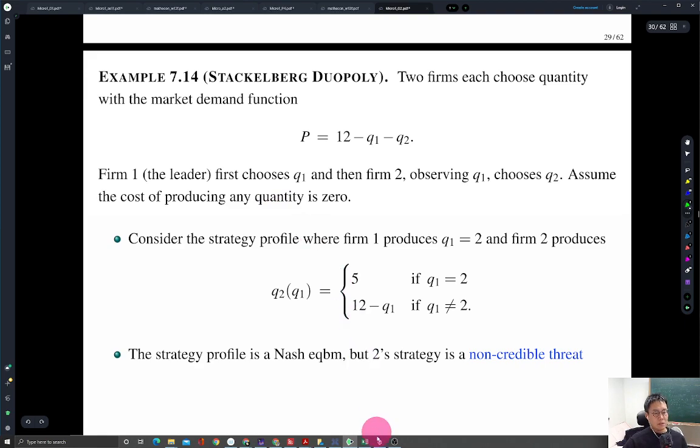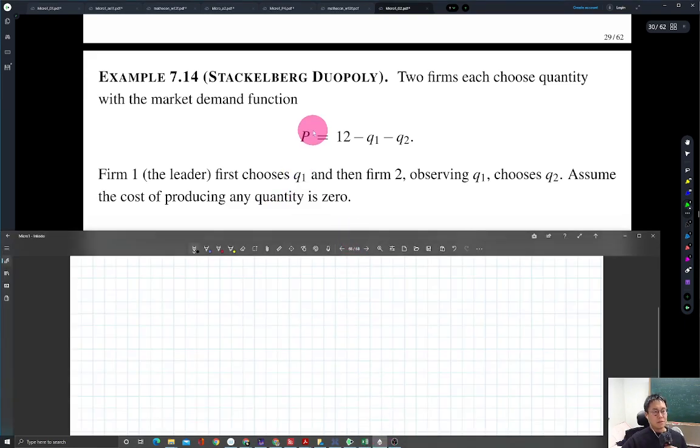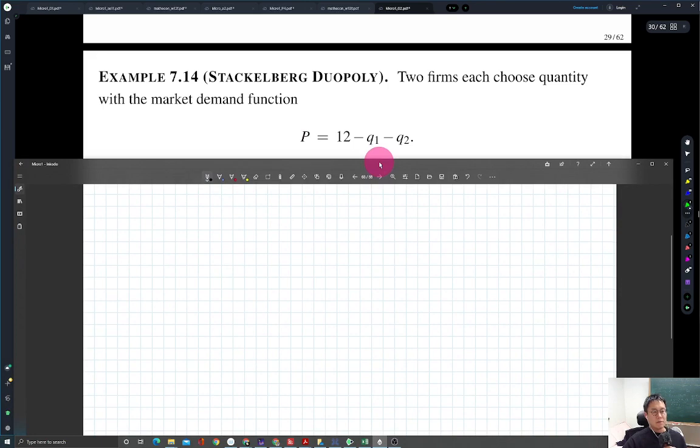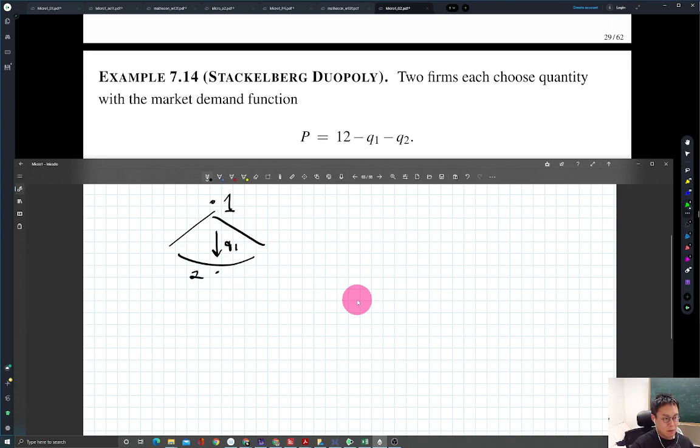Then, in this case, if we represent this game in extensive form, there is firm 1. So firm 1 moves first by choosing Q1. And observing this, firm 2 moves next by choosing Q2.